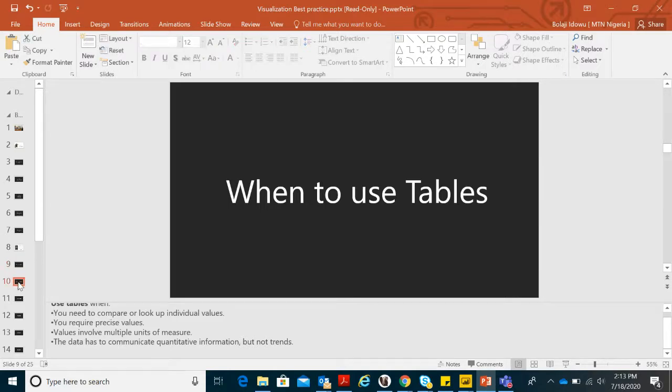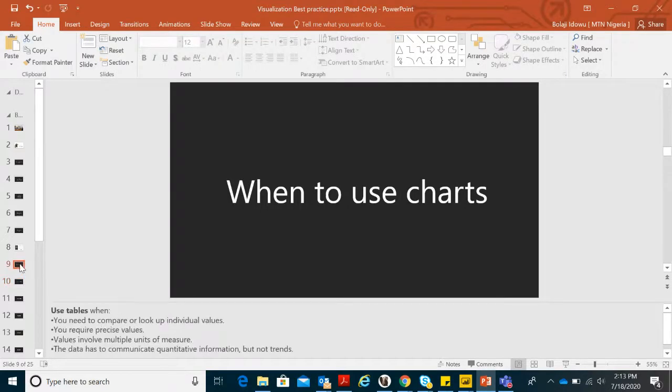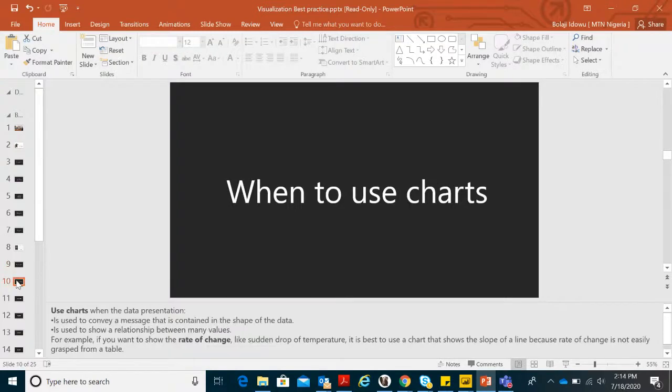Well, when do you use your other variables like your charts? Like you want to use your column charts, your bar charts, your areas and others. Your charts are used for presentations when you want to convey a message that is contained in the shape of the data. Or let's say you want to say this is moving across a regressive, progressive line, or other things like that.